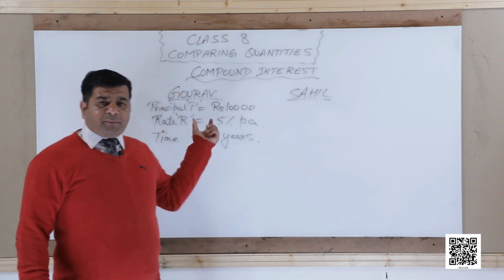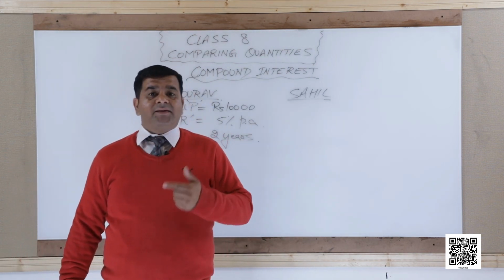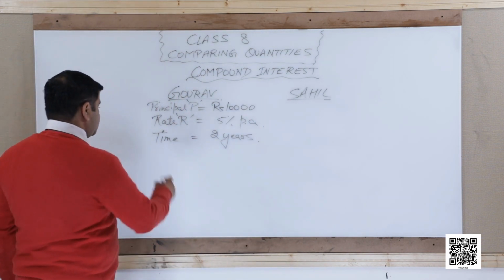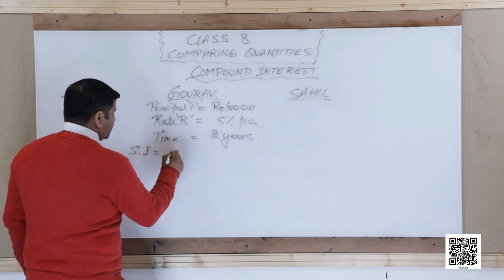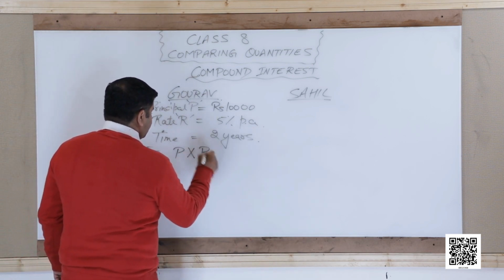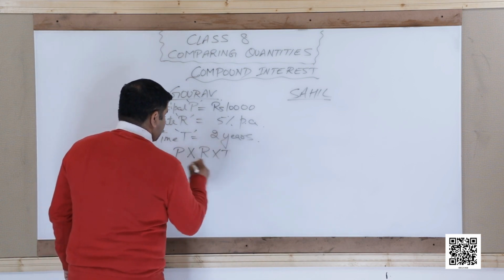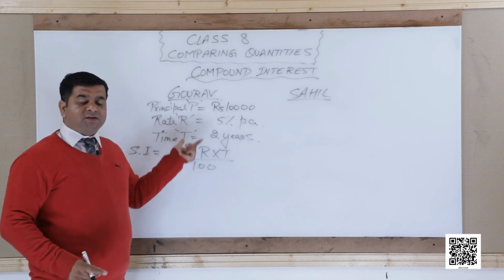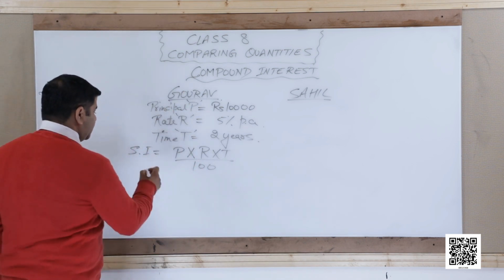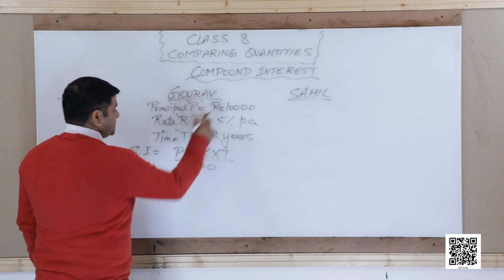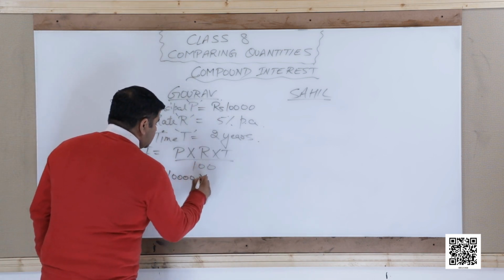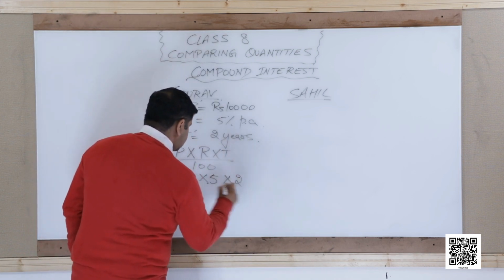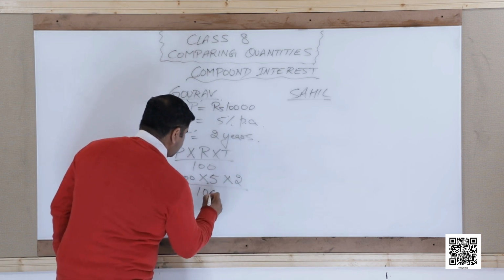Now Gaurav deposited this money and the bank gave him simple interest, and the formula for simple interest you have already studied. Simple interest is principal multiplied by rate multiplied by time divided by 100. Let's find out how much simple interest Gaurav got from the bank after 2 years. Say principal is 10,000 multiplied by rate 5% and time 2 years, divided by 100.